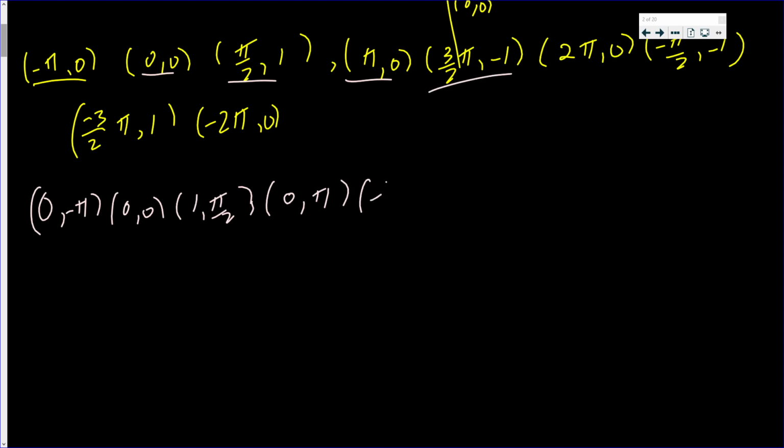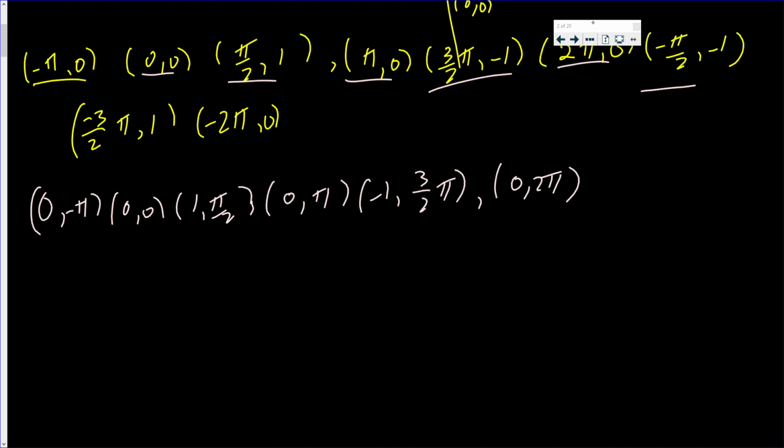These two, -1, 3/2 pi. These two, I get 0, 2 pi. Those two, I get -1, -pi/2, and those -1, -3 pi/2, and 0, -2 pi.